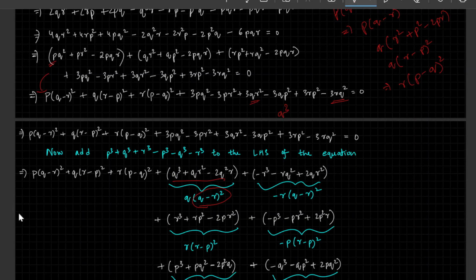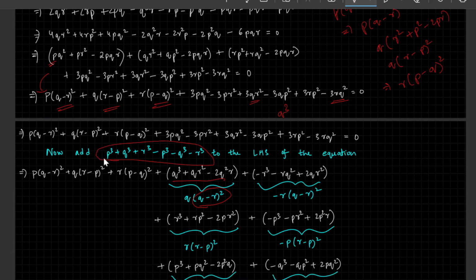It's too tough to guess that we need to add P cube plus Q cube plus R cube minus P cube minus Q cube minus R cube. Just because we have the terms (Q minus R) whole square, (R minus P) whole square, (P minus Q) whole square, we need to bring the other terms into the same fashion, and that is the reason we have added this whole 0.